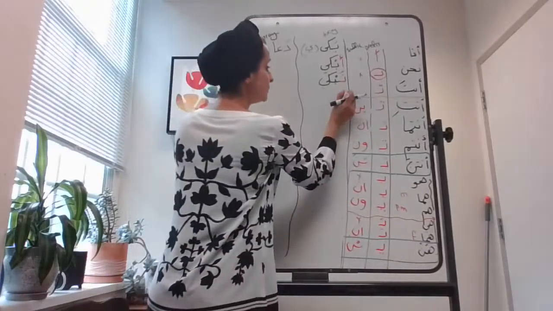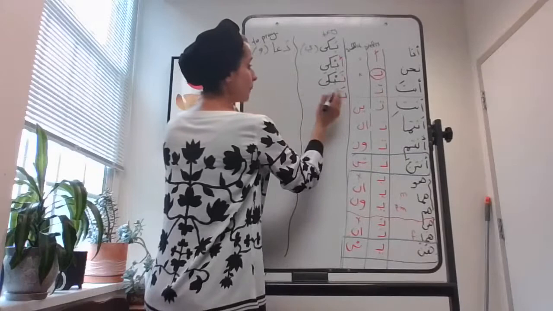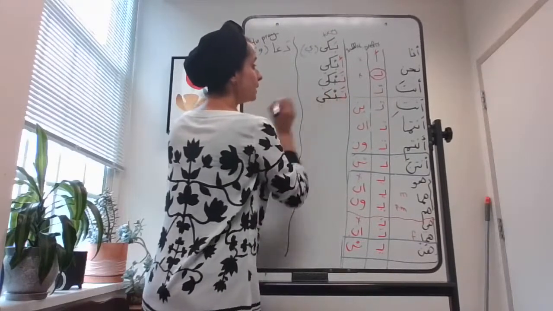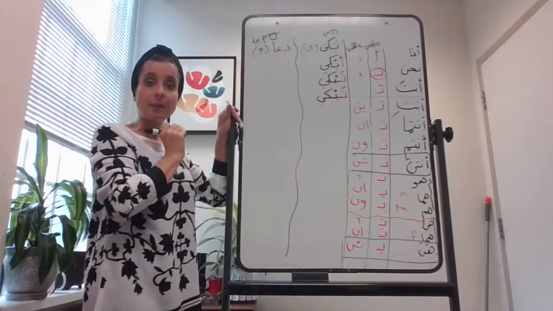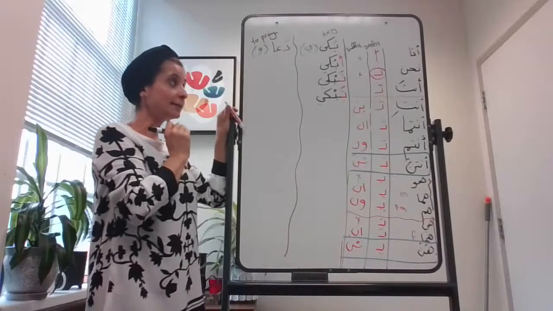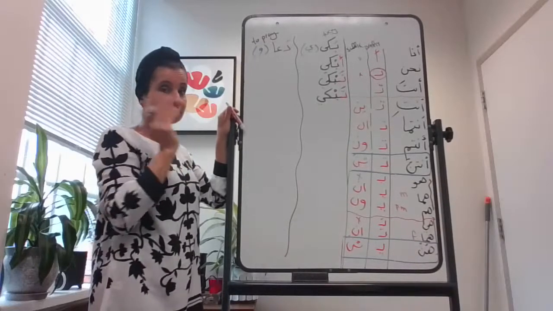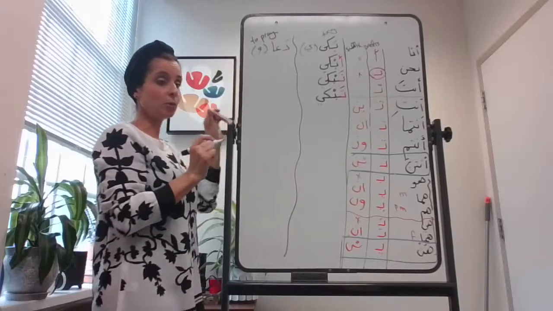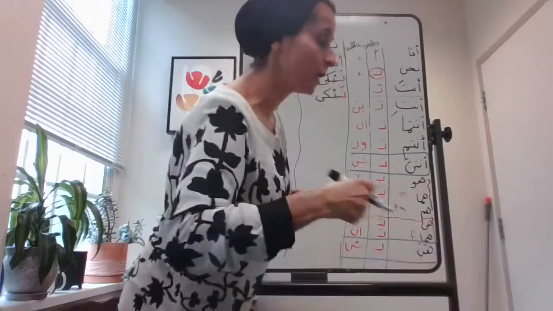أنت تبكي. أنا أبكي. نحن نبكي. أنت تبكي. Very simple. Now, with anti, I want you to pay attention.